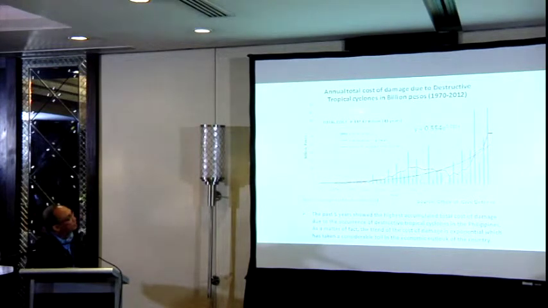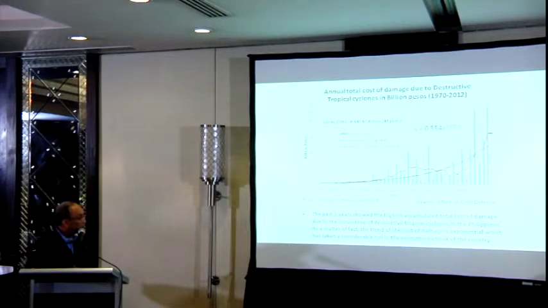And this is the annual total cost of damage due to destructive tropical cyclone in billions of pesos. So it's rising exponentially. The past 5 years showed the highest accumulated total cost of damage due to the occurrence of destructive tropical cyclone in the Philippines.